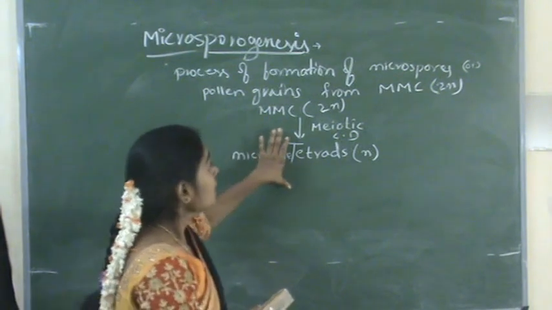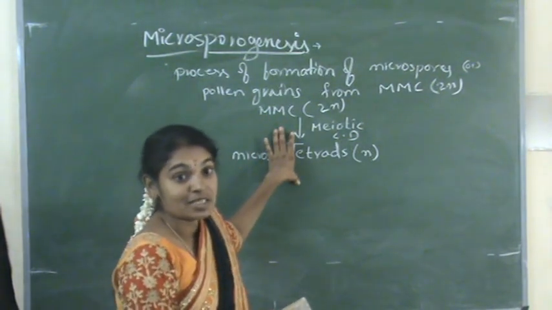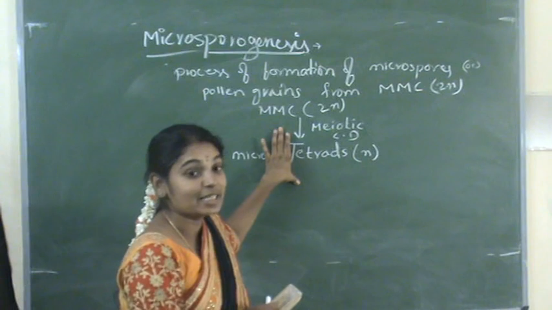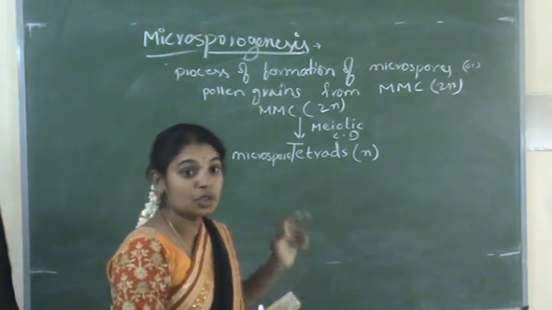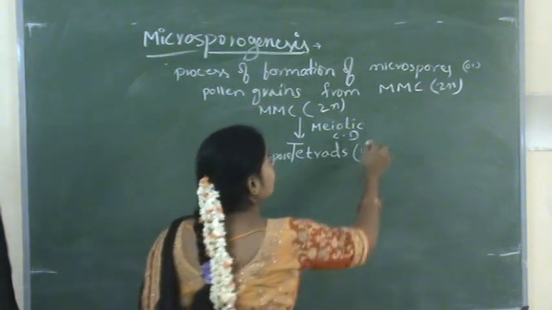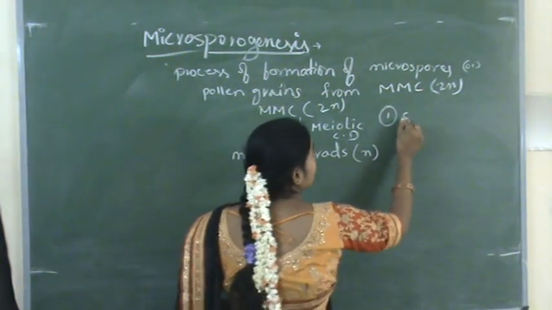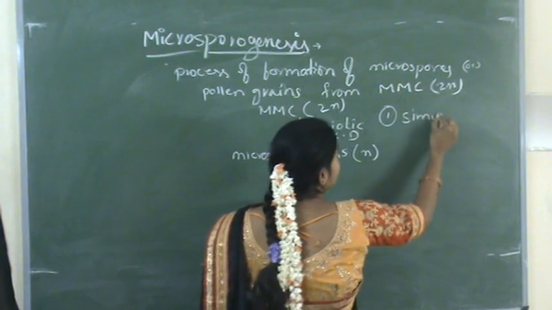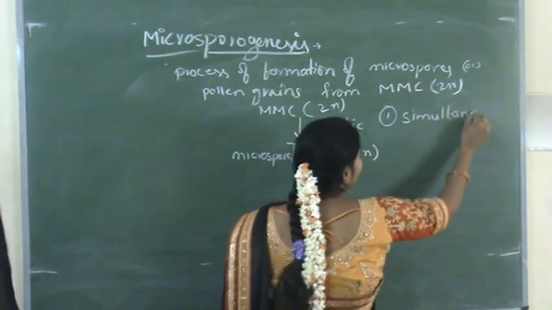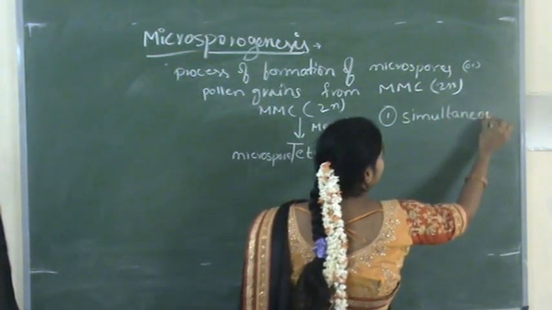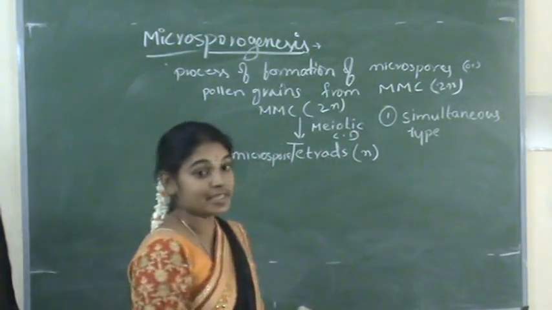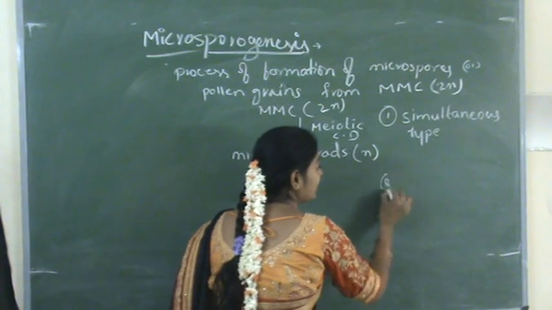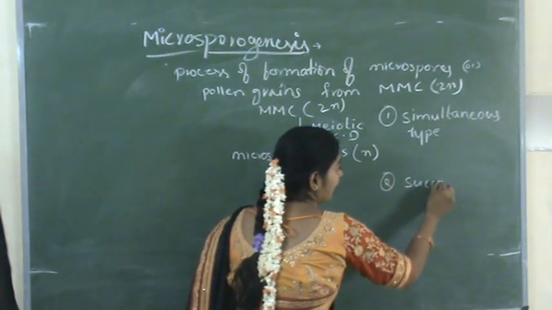On the basis of the cytokinesis which occurs, this cell division is of 2 types: simultaneous type and successive type.